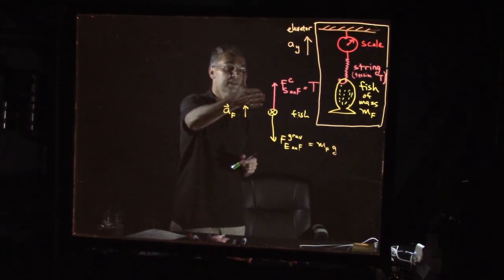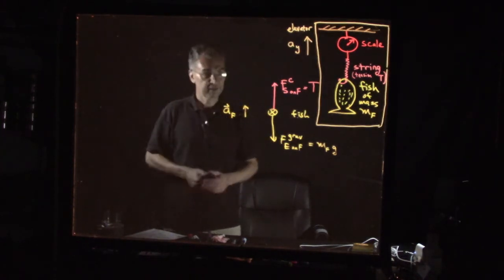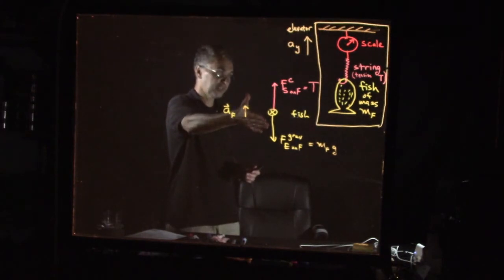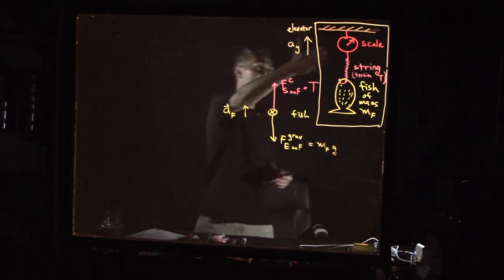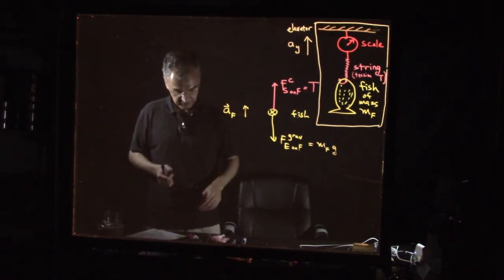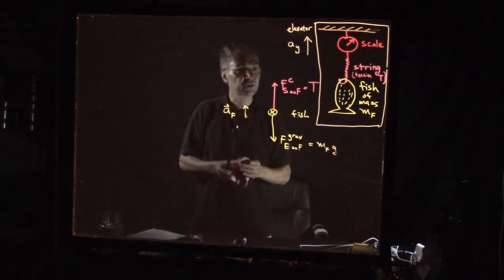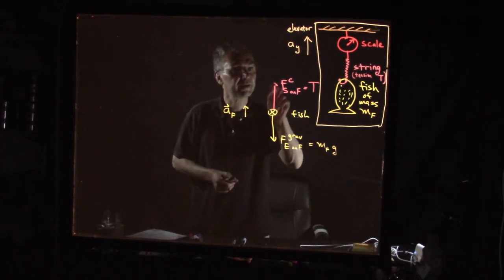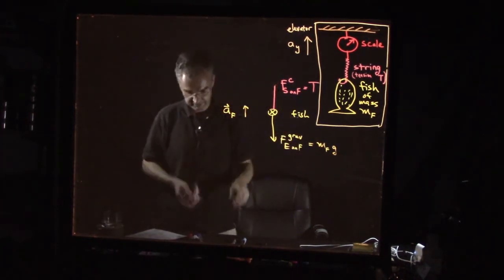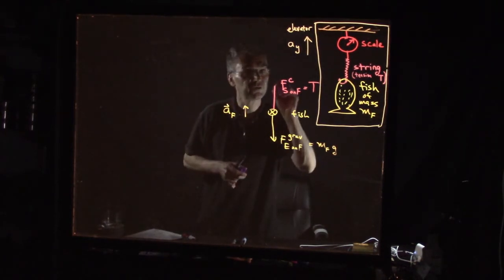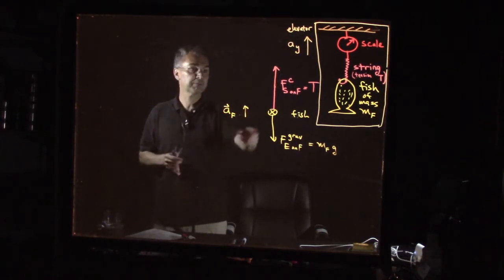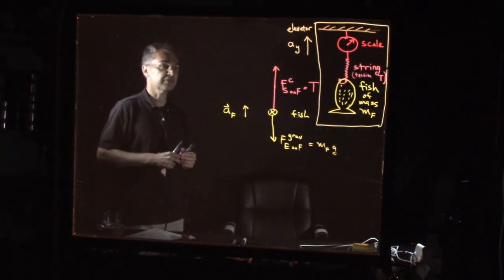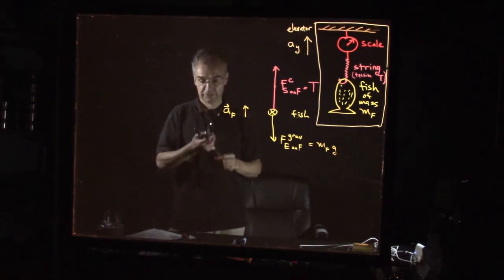To make the fish accelerate upward, this arrow can't change because the actual weight of the fish doesn't change, its mass doesn't change, but somehow what the scale reads will change. If you want the fish to accelerate upward, then the tension in the string, which is the same number as the reading on the scale, has to be bigger than the weight of the fish. And now the fish will accelerate upward.